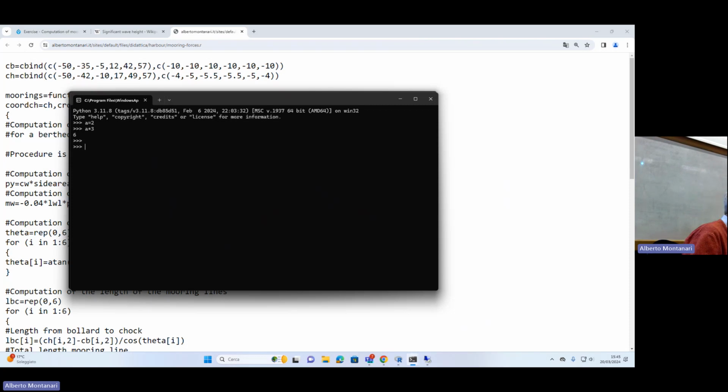Using Python, using MATLAB, using R, it's not the same thing, because Python is a programming language, while MATLAB and R are platforms for making computations which are already pre-prepared.